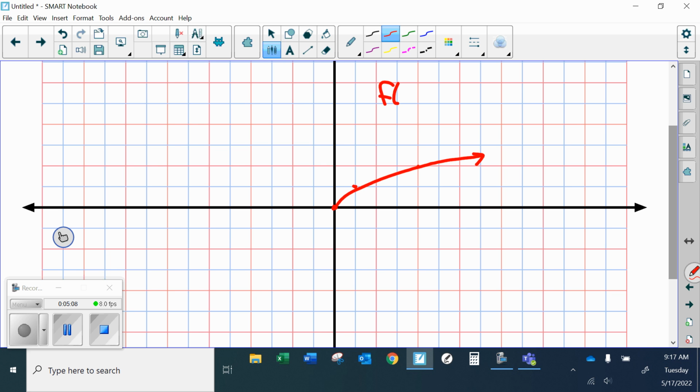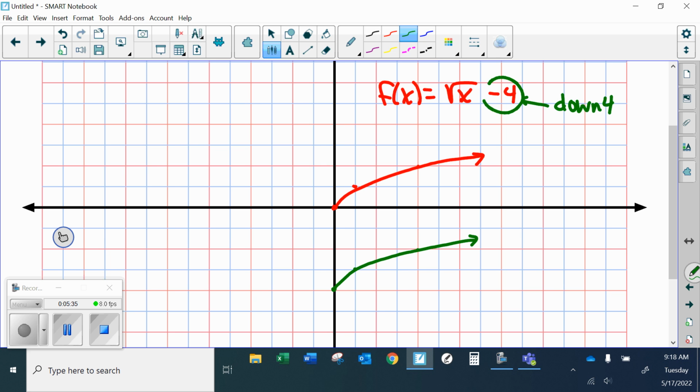Let's say now I do f of x equals the square root of x and I put a -4 on the outside. This is going to drop the whole function 4 units. 1, 2, 3, 4. And then I still have the (1, 1) and then the (4, 2) right there because the shape doesn't change. It just drops the entire thing. So this goes down 4.